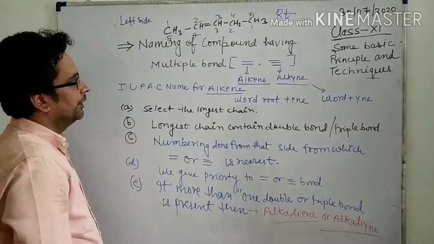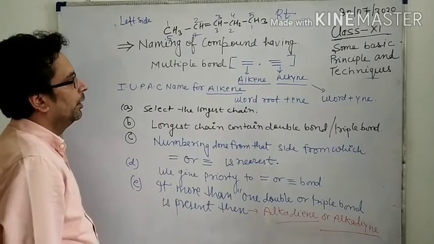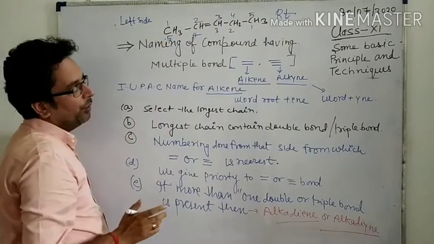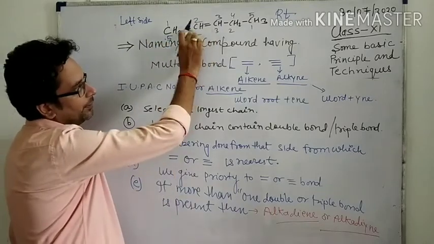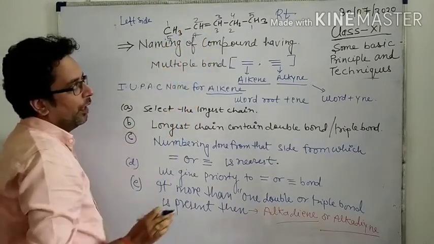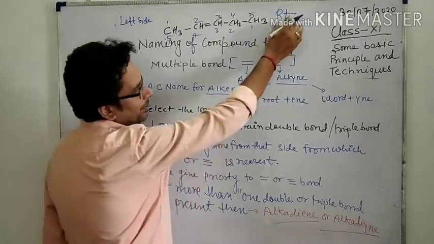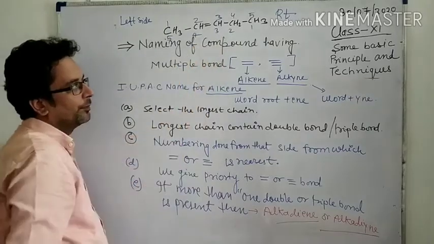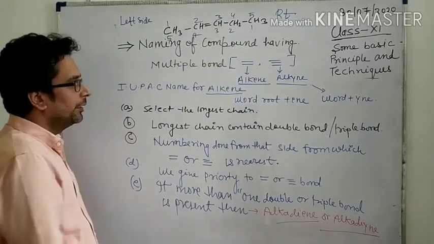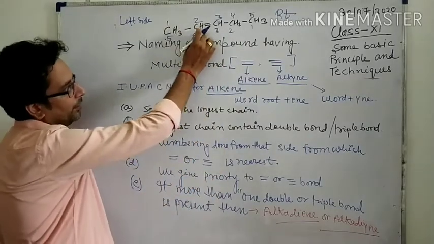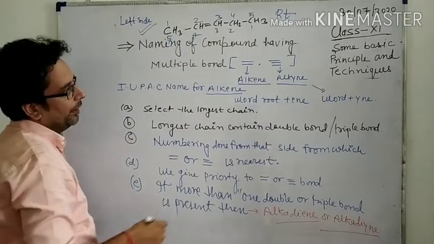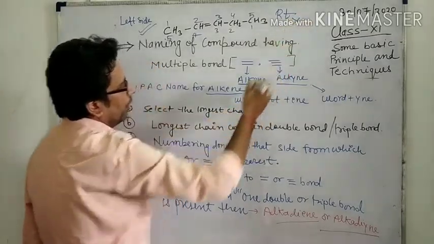The longest chain of carbon is 5. When we number from the left side, the double bond comes at the second carbon. When we number from the right side, the double bond comes at the third carbon. So which one is nearest? Second carbon. This is the correct numbering and this is the wrong method.